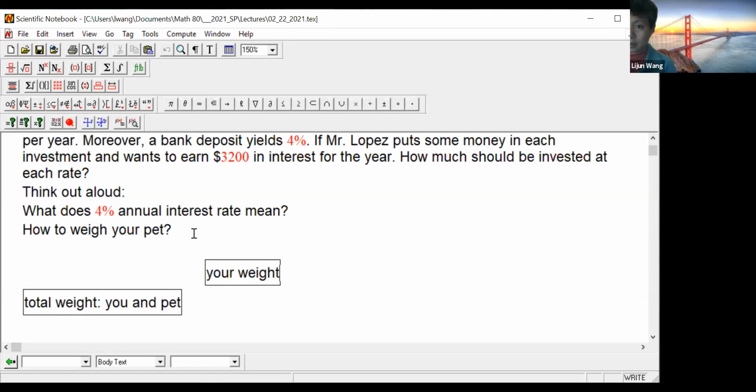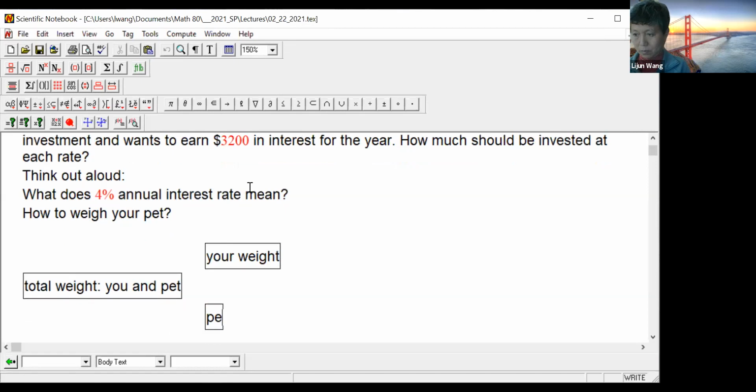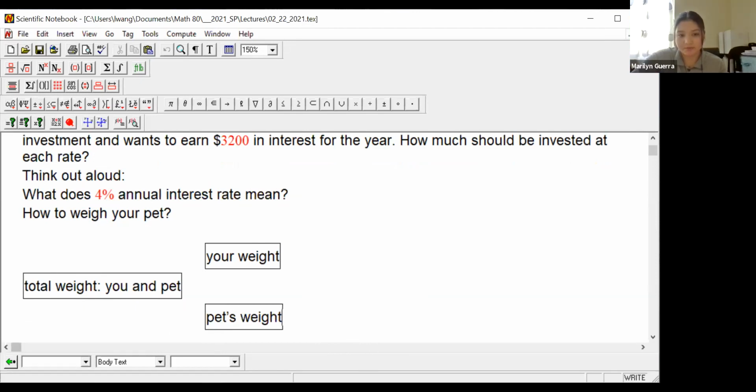So you step on the scale. And now from these two numbers, how do you figure out your pet's weight? Subtract your weight from the total, right?